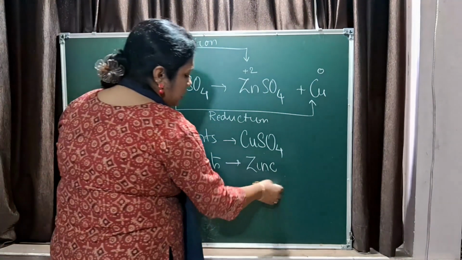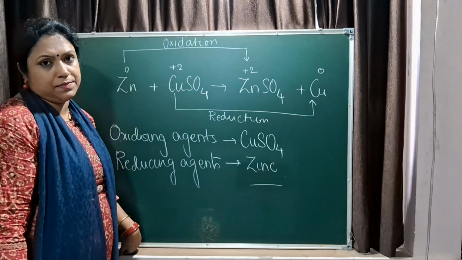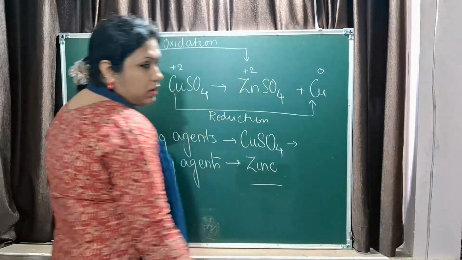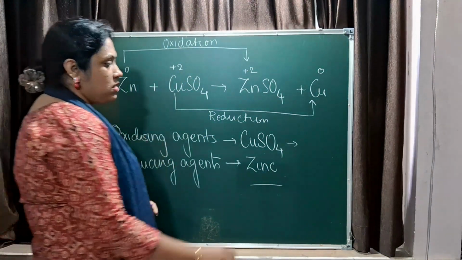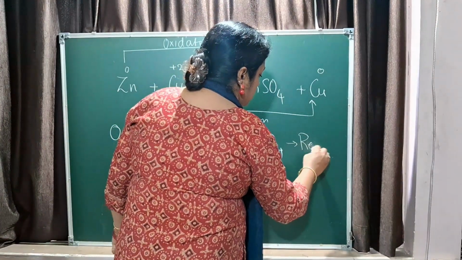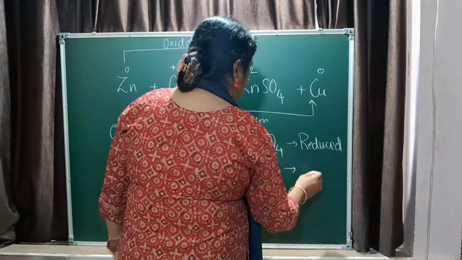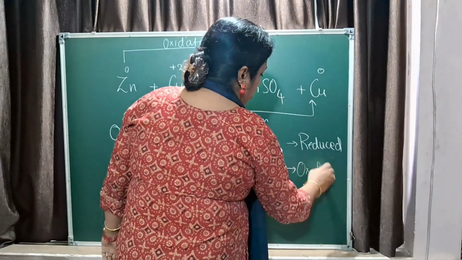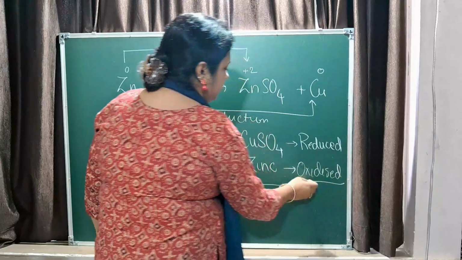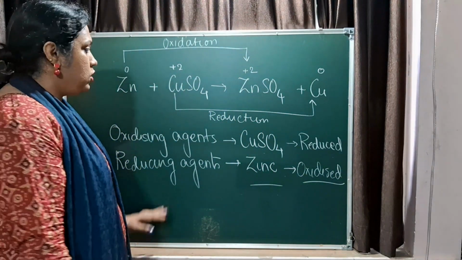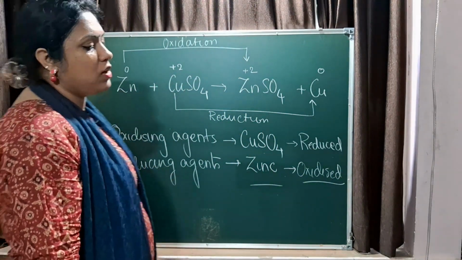Always remember, these agents are always on the reactant side. You have to understand that oxidizing agents should be reduced and the reducing agents should be oxidized. Understood? This is all about reduction and oxidation.